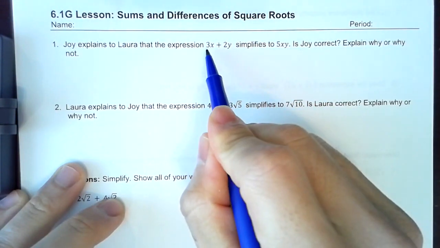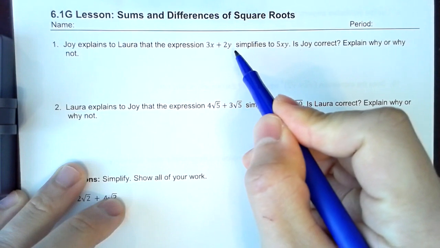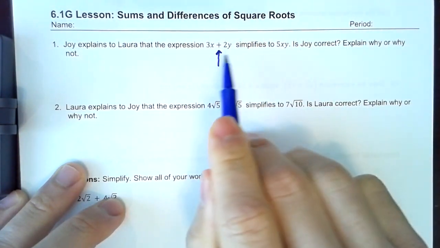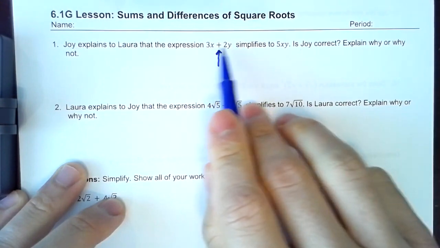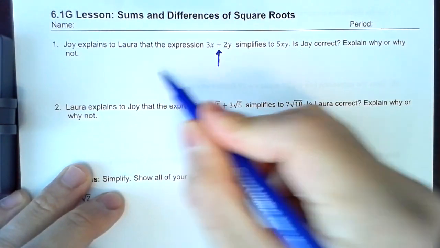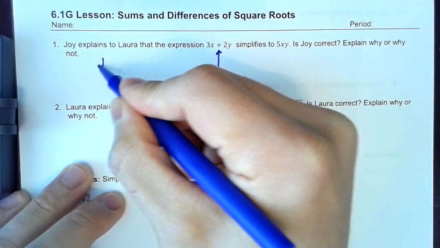We know that 3x and 2y are not like terms. We also know that we're adding here, right? So there's no way that we should be ever combining these two and forming one term. 3x plus 2y is simply just 3x plus 2y. So Joy is incorrect.